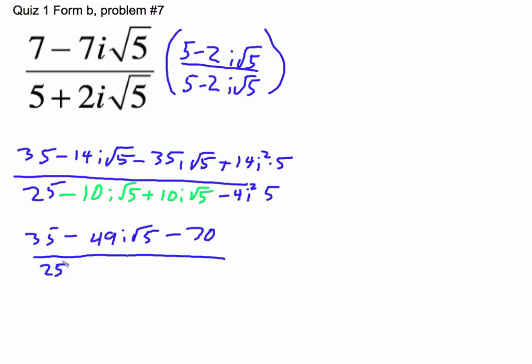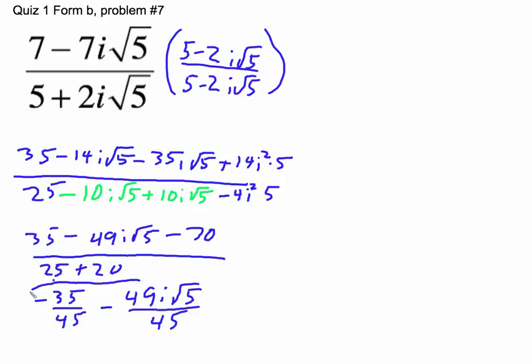Minus 4 times negative 1 is positive 4 times 5, so we get plus 20 here. So we'll simplify. 35 minus 70 is minus 35. And the denominator, 25 plus 20 is going to be 45, and then minus 49i square root of 5 over 45. So that is your answer to the second problem.